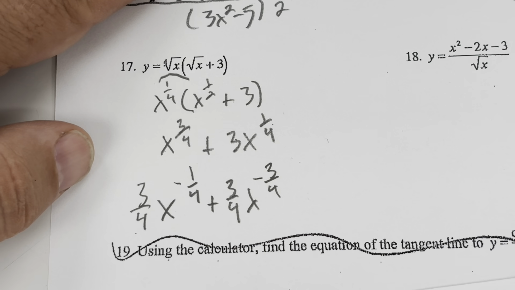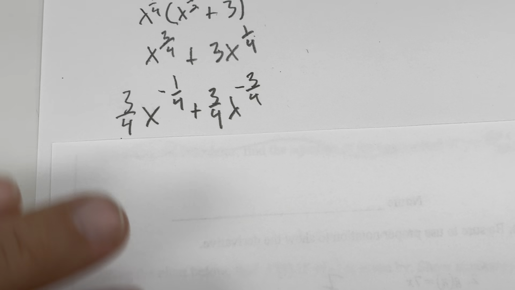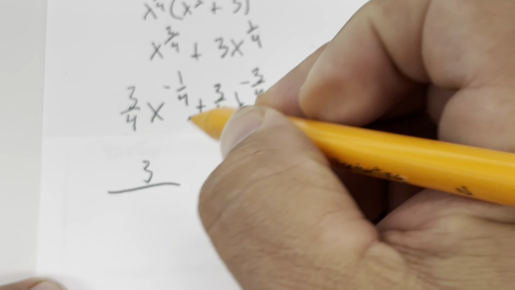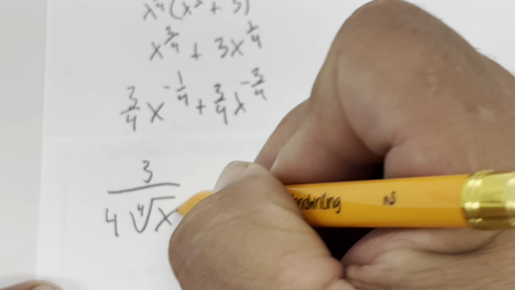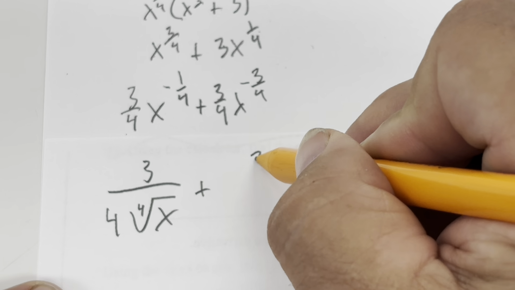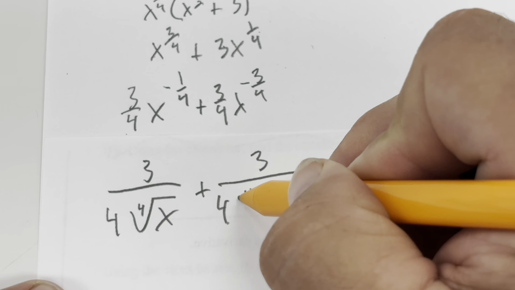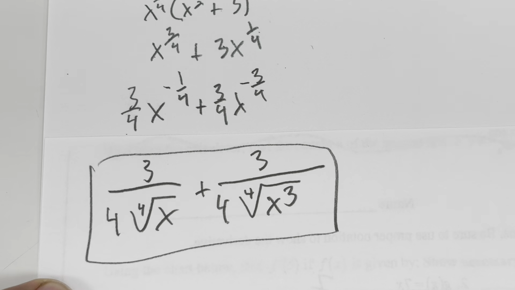I'll do it underneath. So that's my derivative. Now I'm going to do the arithmetic. This would be 3 over 4x to the 1/4, or 4th root of x, plus 3 over 4, and this would be the 4th root of x cubed. And nothing simplifies there, so we're going to leave it like that.